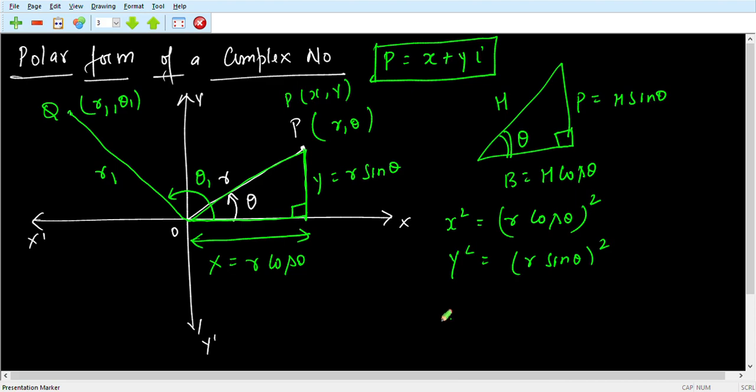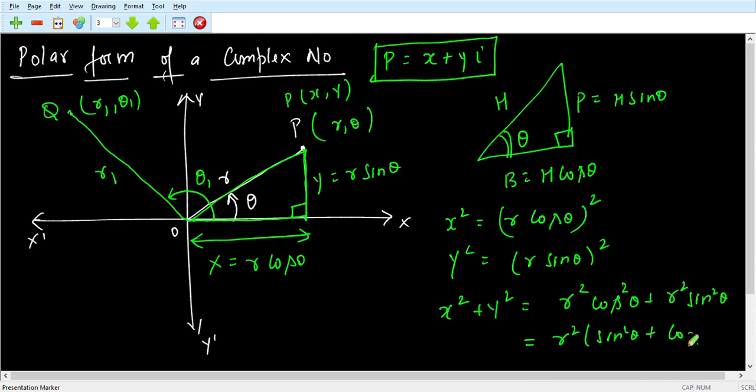If I add x square plus y square, I get r square cos square theta plus r square sin square theta, which is r square times sin square theta plus cos square theta, and sin square theta plus cos square theta becomes 1. So r is equal to under root x square plus y square.